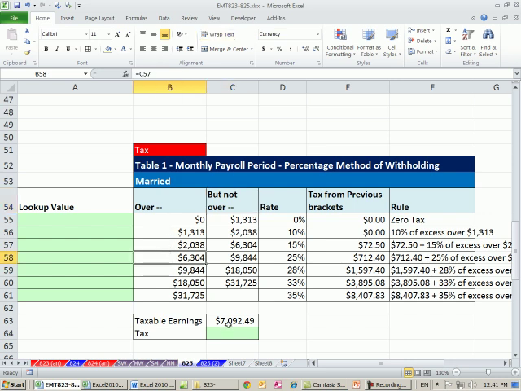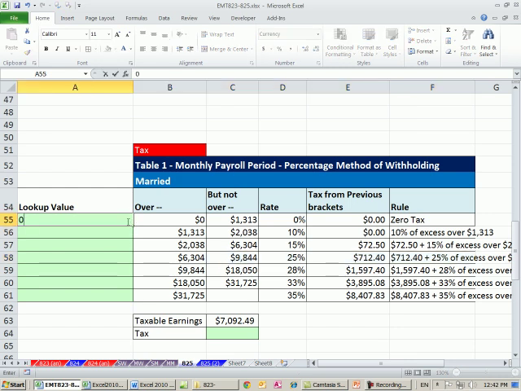If this is our taxable earnings, this is our line here, but it says over. So that means that number is not included in this category. Really, the number that should be here is $6,304.01, right?